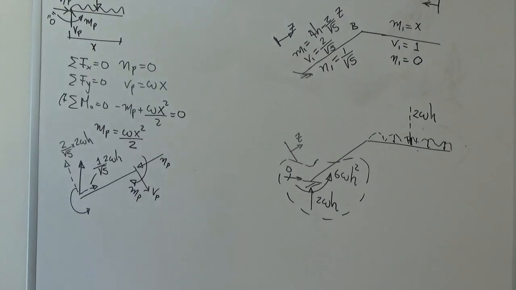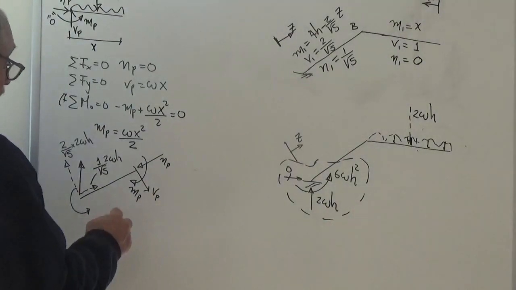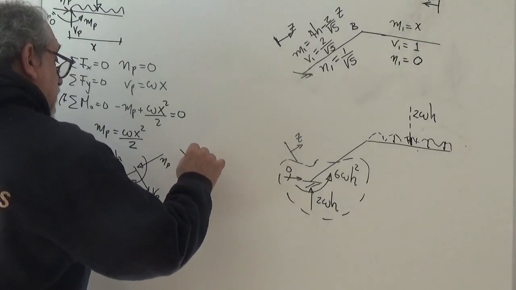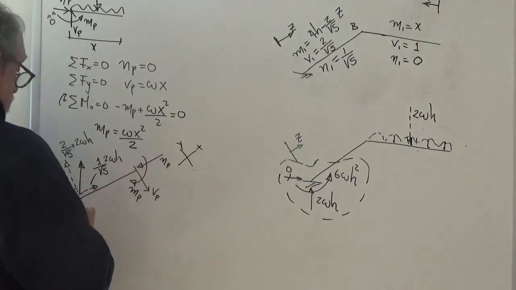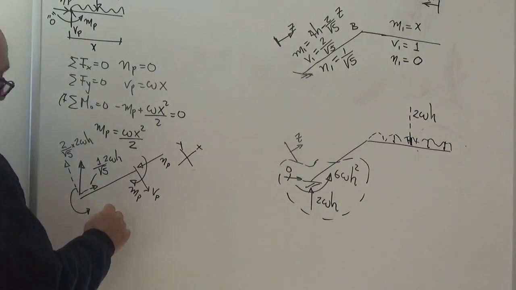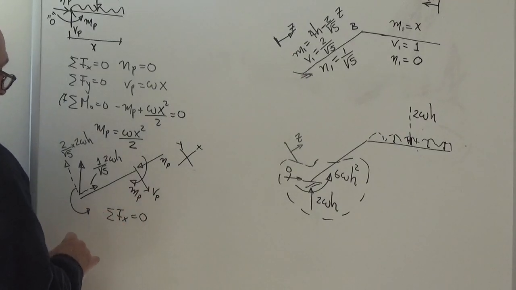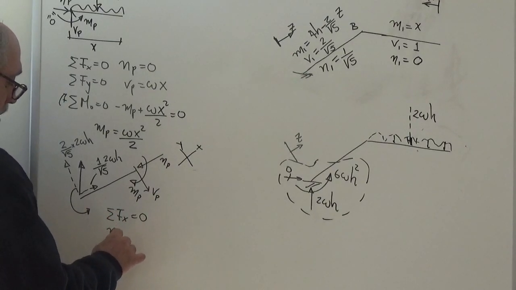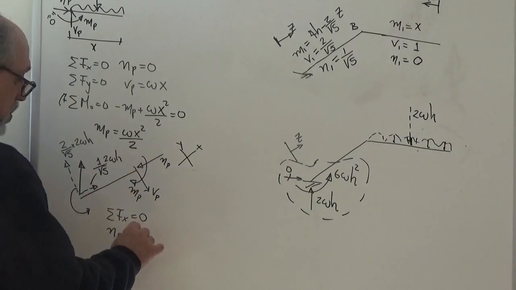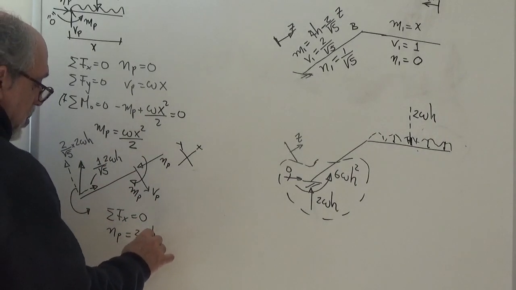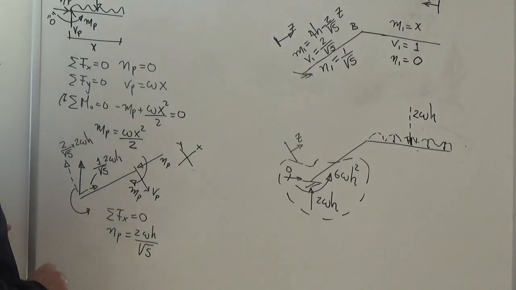Okay, so now we do our statics, and again our X and Y are now inclined, and so we say from sum of the forces in the X direction equal to 0, we have that NP is equal to 2WH over the square root of 5, right?